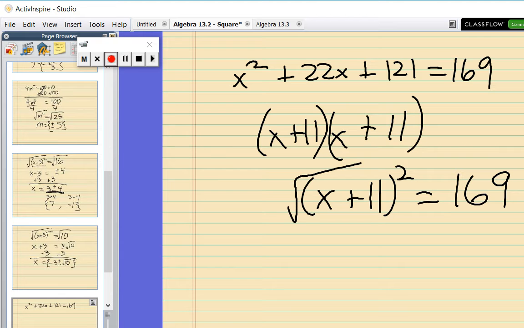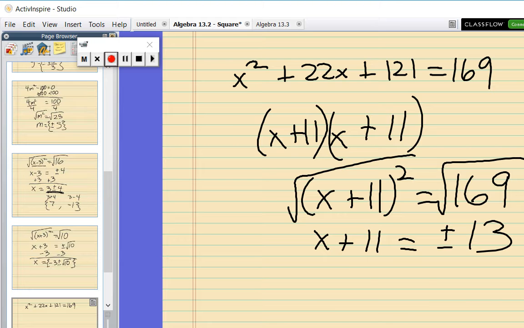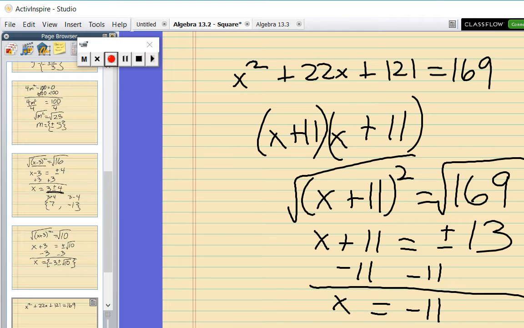We square root both sides. X plus 11 equals plus and minus 13. And then we just solve for x. Negative 11 plus or minus 13. So we have two possible solutions. Negative 11 plus 13 is 2.